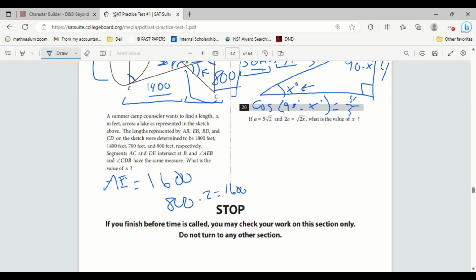If a equals 5 times radical 2, and 2a equals the square root of 2x, what is the value of x?